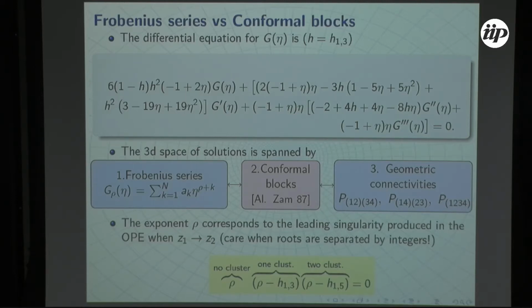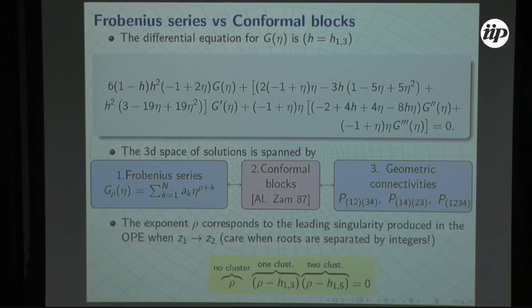Of course, this is consistent with the OPE structure, because here you have 2 fields phi 1,3, each producing 1 cluster, and you want to glue them together. So there are configurations where at most you have 2 clusters. So at most you can generate the field phi 1,5, with dimension h15.